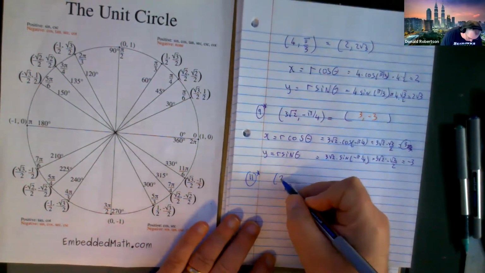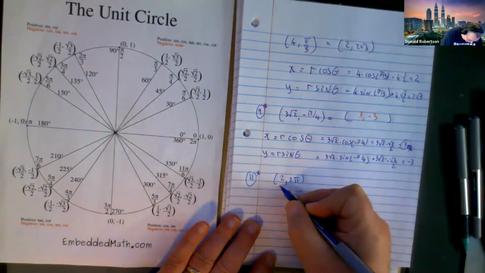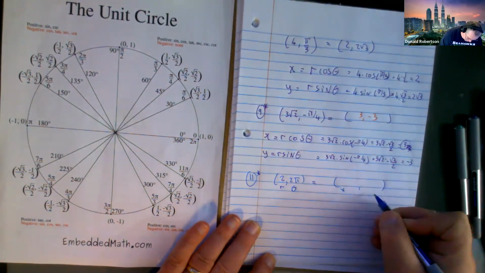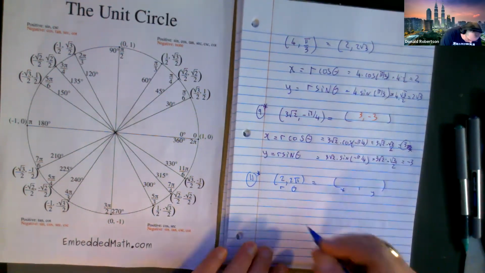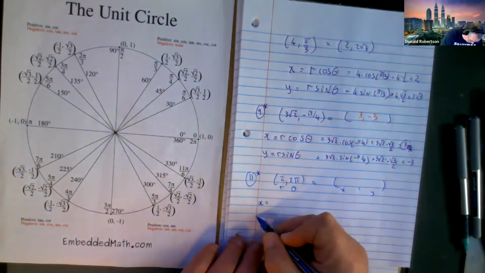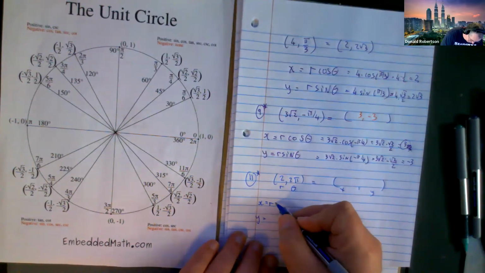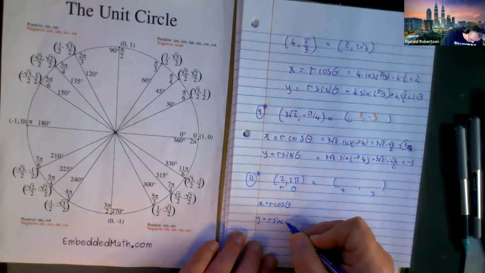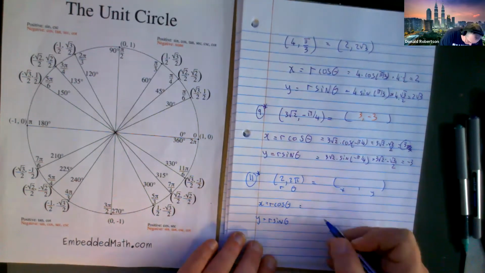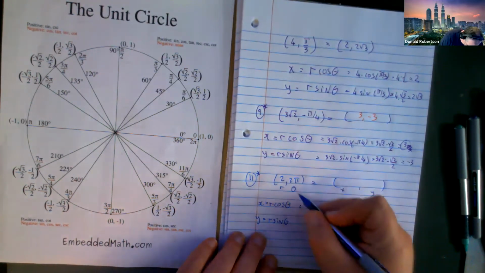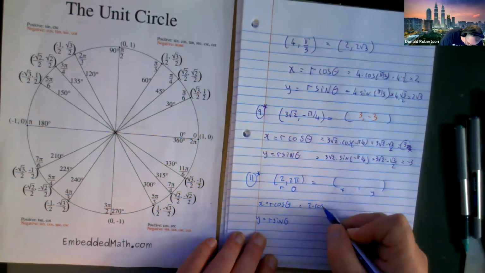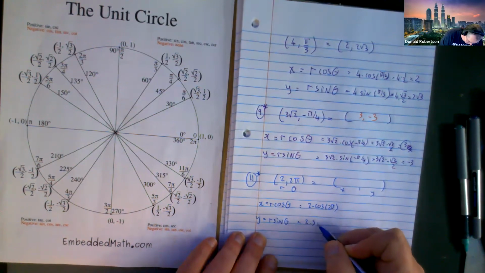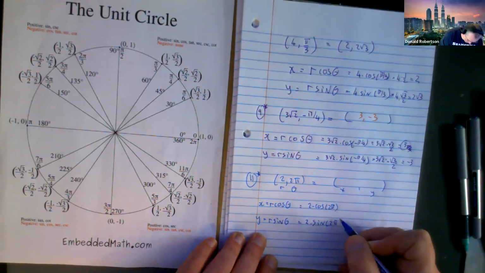In polar, it's 2 comma 2 pi, right? So there's my r, there's my theta. And I want to turn it into x's and y's. The formula never changes. X is r cos theta, and y is r sin theta. And that's going to be 2 times the cosine of 2 pi, and 2 times the sine of 2 pi.